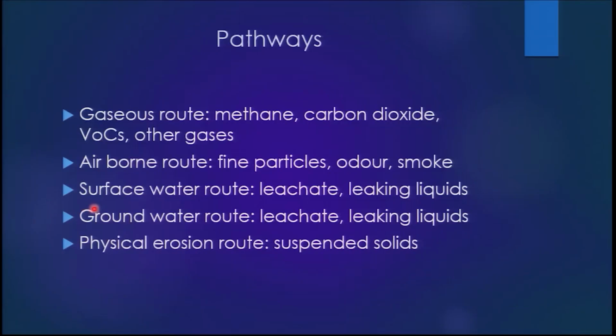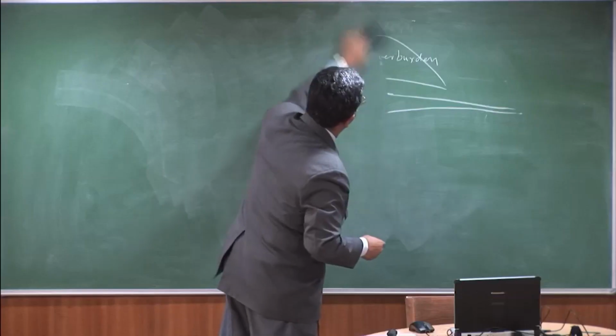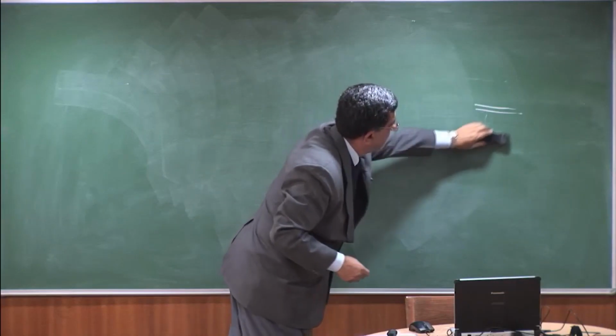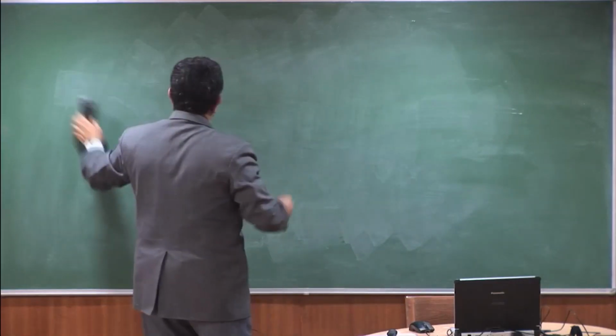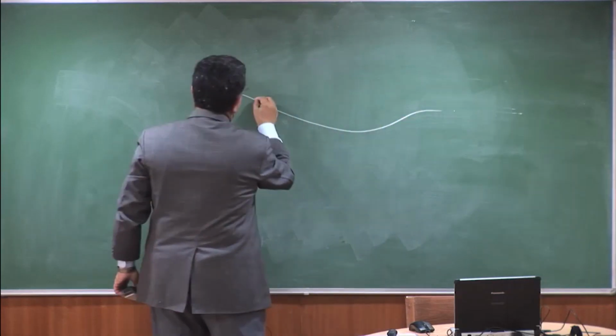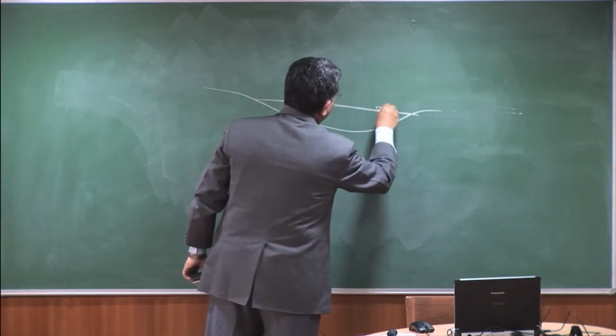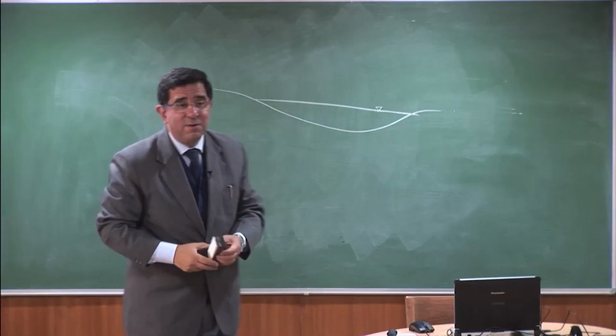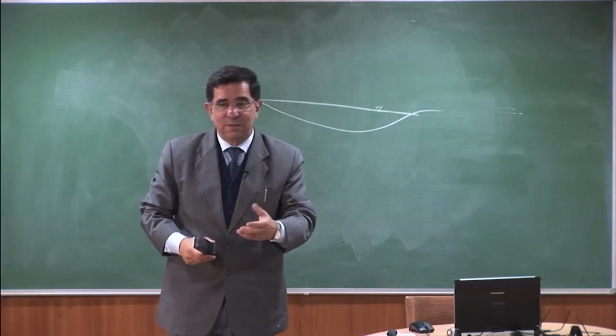The surface water route, best demonstrated. Many cities have lakes. And the lakes are also their drinking water resource.